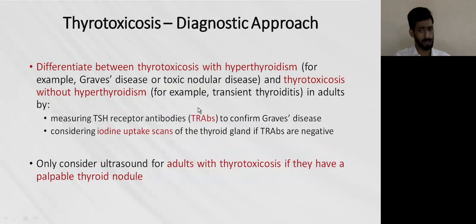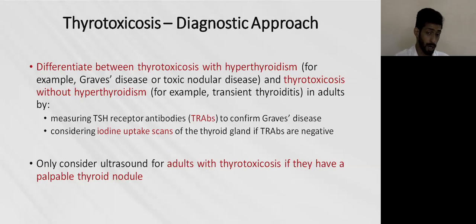Now, how do we approach? The approach is actually the etiological differentiation. We need to know that there is thyrotoxicosis, that is for sure. Now I need to know if there is hyperthyroidism or not. That is, is my thyroid gland overfunctioning or not? How can I do that? Earlier we used to depend on iodine uptake scans. Nowadays the algorithm has moved a little towards non-invasive testing with fewer side effects.